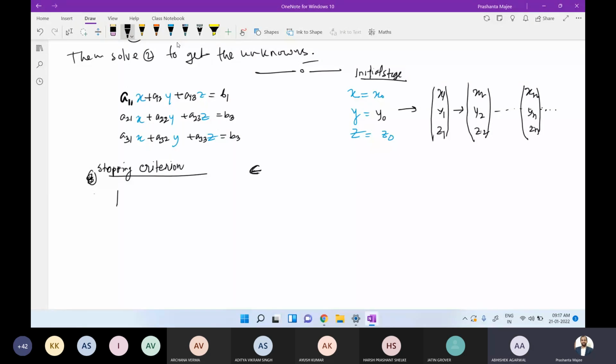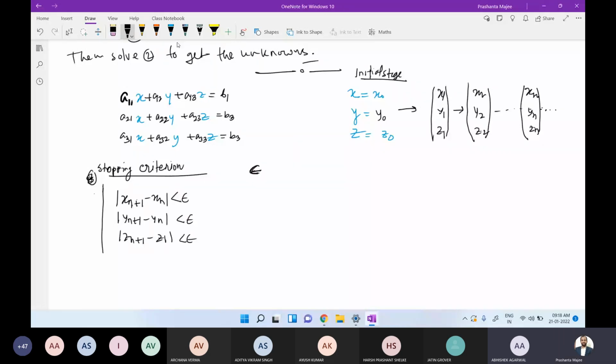Now when to stop the iteration? You will be stopping the iteration when the absolute value of xn plus 1 minus xn is less than epsilon, yn plus 1 minus yn is less than epsilon, zn plus 1 minus zn is less than epsilon. So all these three quantities together have to be less than epsilon. If that is happening for certain n, then you will be stopping at n plus 1 iteration.